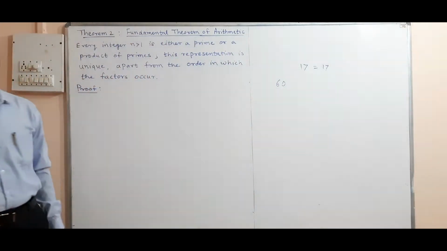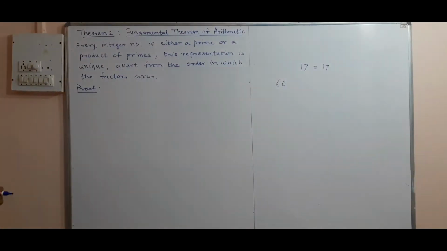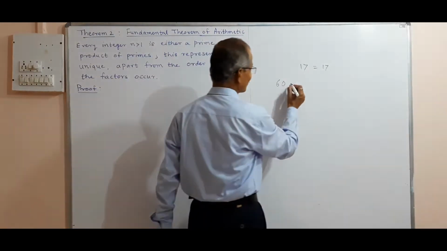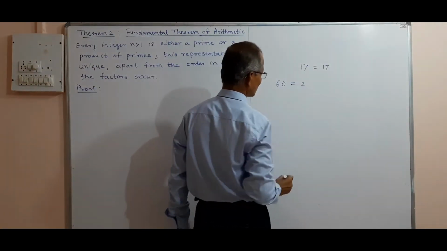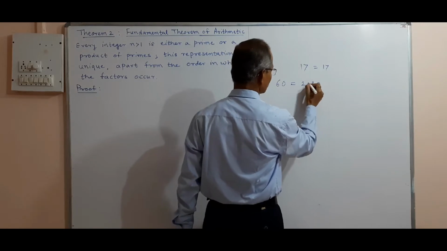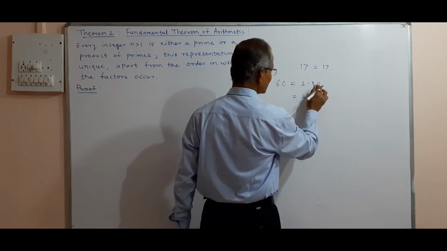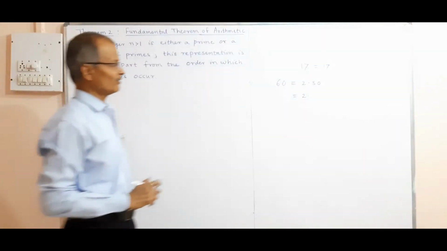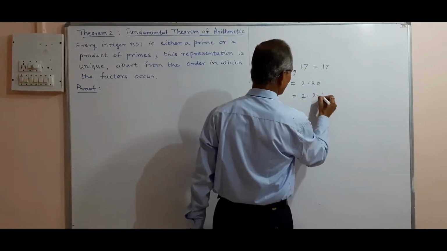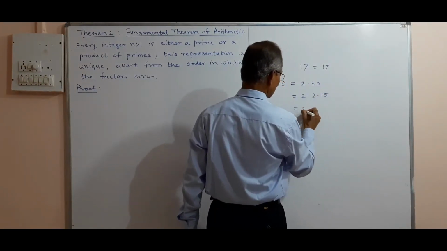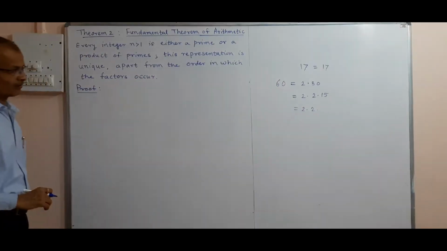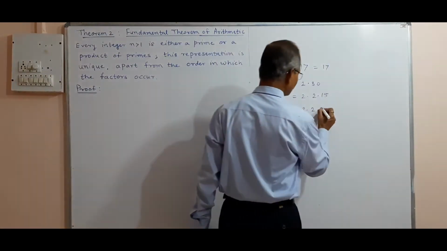Now this integer is not a prime, but it can be written as a product of primes. We know how to express this: 2 into 30, and then 30 is not a prime, so it can be factored as 2 into 15, and 15 is not a prime, so it can be further factored as 3 into 5.